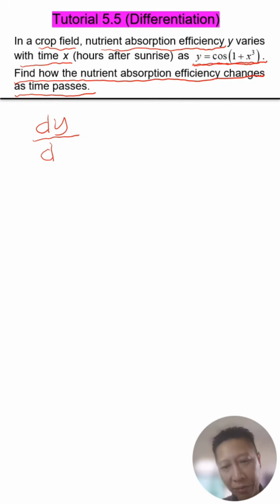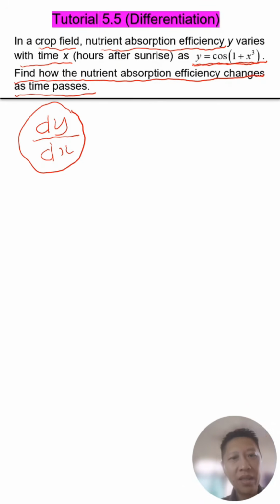It's similar to the rate of change, only that in this case it doesn't use t to represent time, it uses x. So this is what we want to obtain, dy with respect to dx.